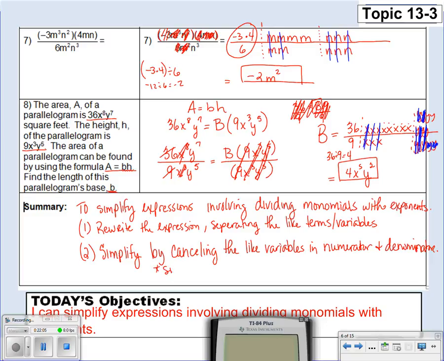I can also say we simplified the numbers using the calculator.